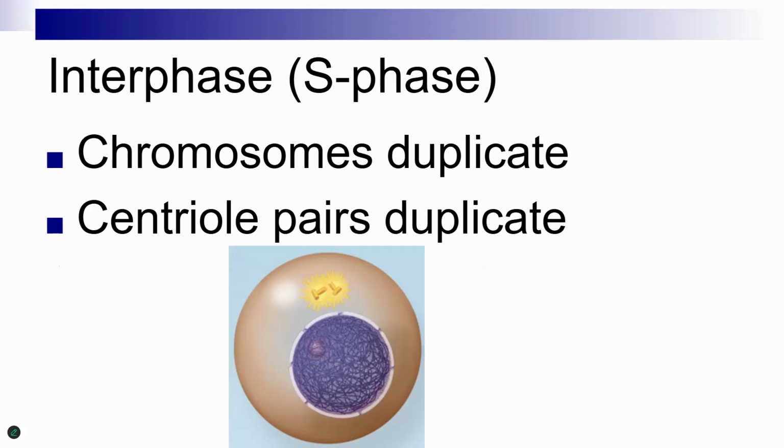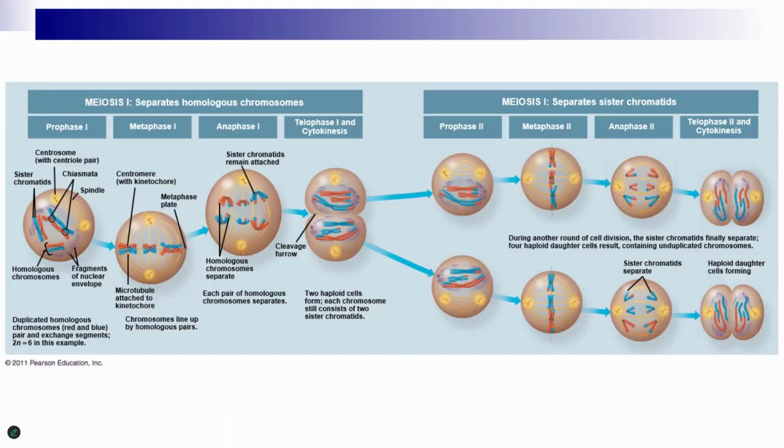So similar to mitosis, in interphase, the S phase of interphase, that's where the chromosomes duplicate, centriole pairs duplicate, all of that is going to be the same. But then when we get into meiosis, the stages are going to be a little bit different.